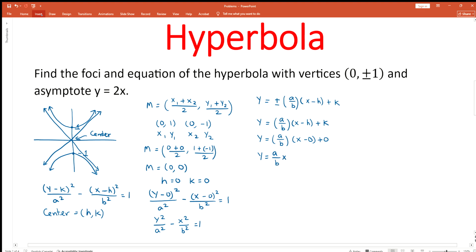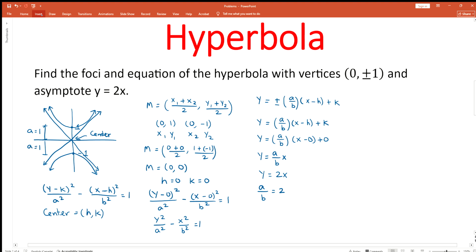If we compare this general equation with the given equation y equals 2x, we can see that a over b is equal to 2. A represents the distance between the center of the hyperbola and either of the two vertices. As we can see in the sketch, the value of a is equal to 1 because the distance between the center and either of the two vertices is 1.